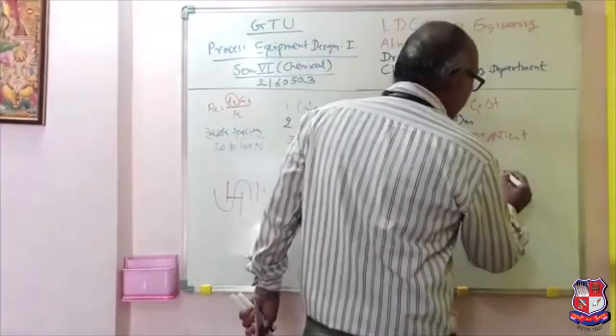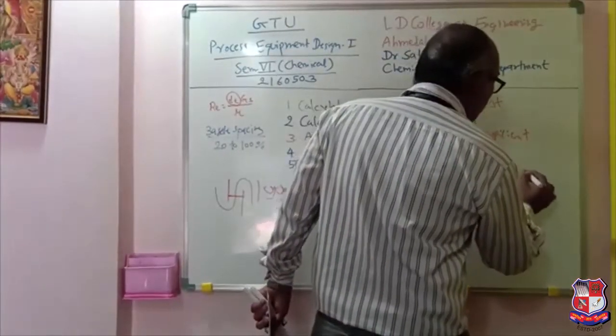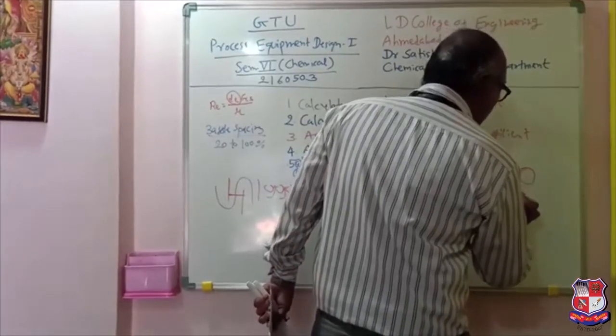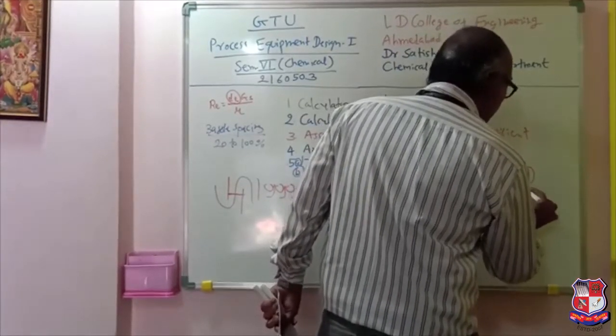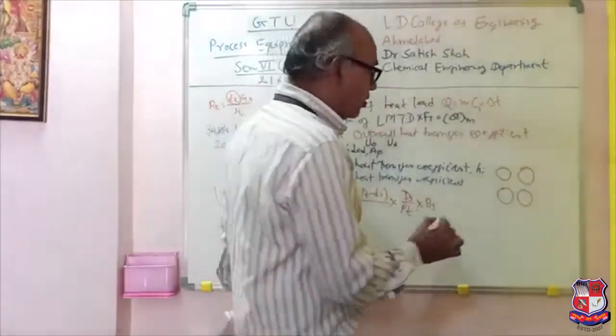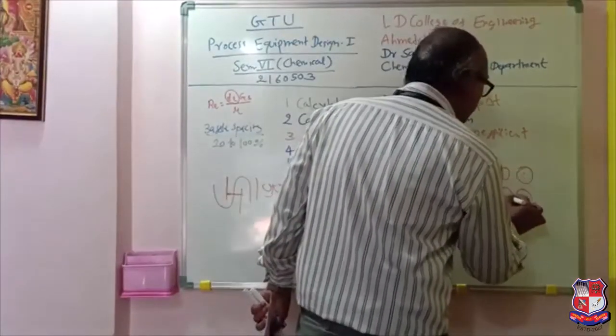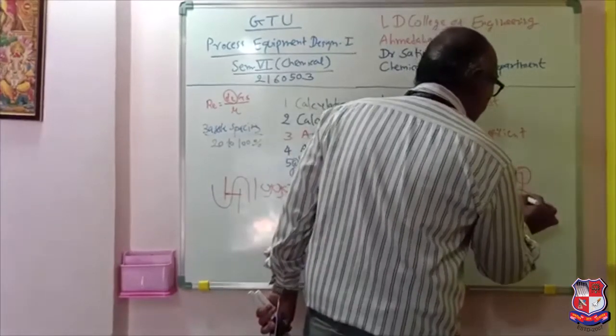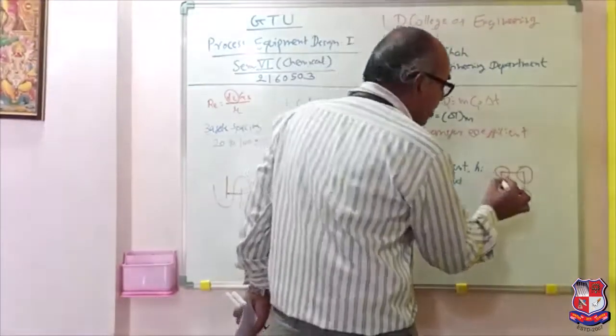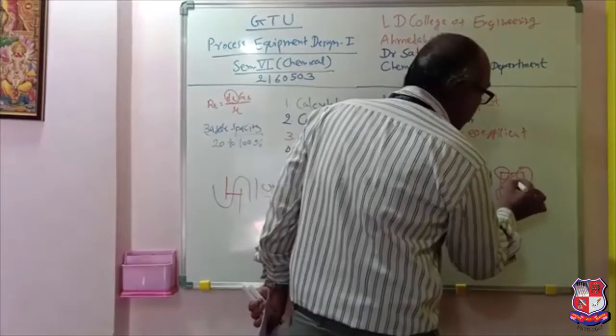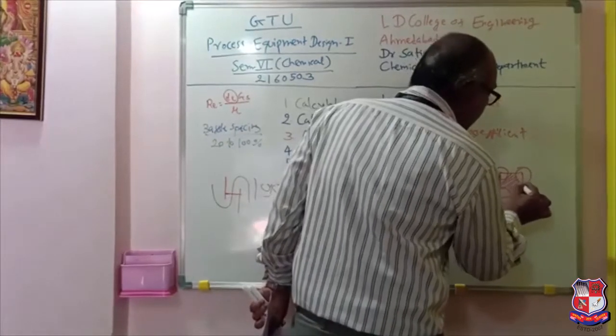Suppose I have the square pitch. Square pitch means the tubes will be positioned like this, and if you join their centers, it will make a perfect square. The area available for flow will be something like this.